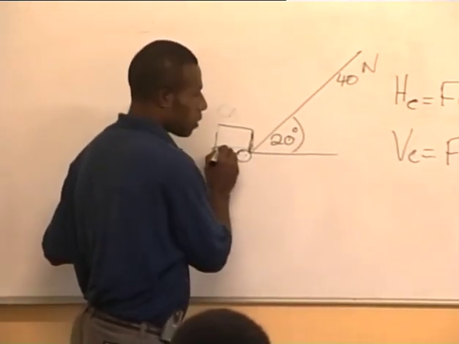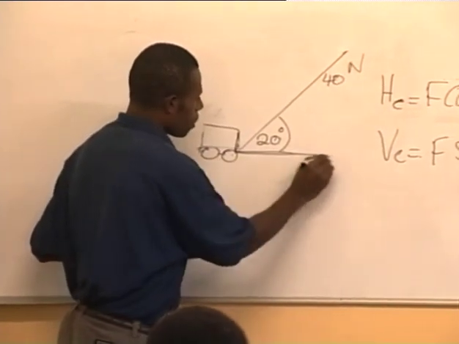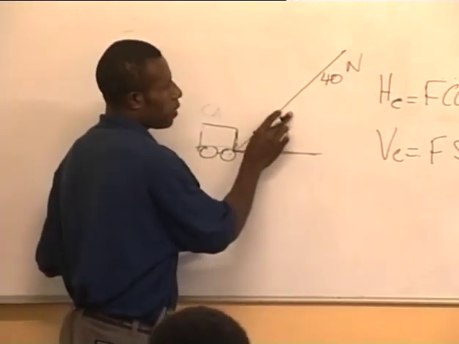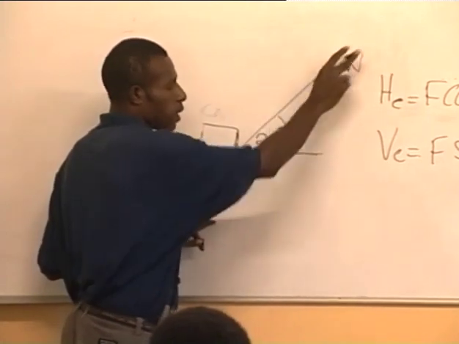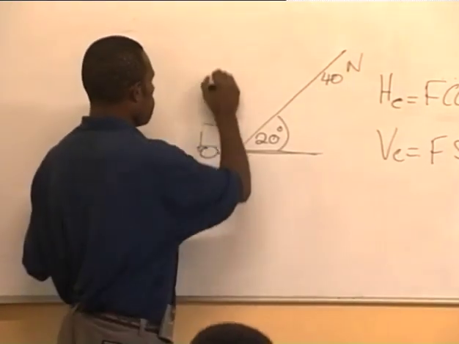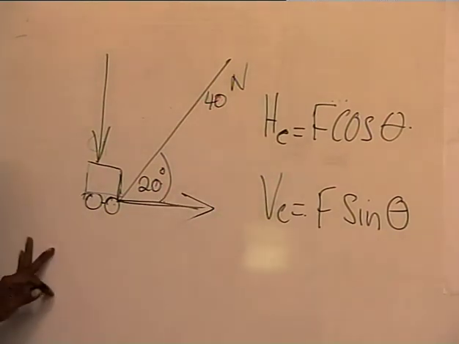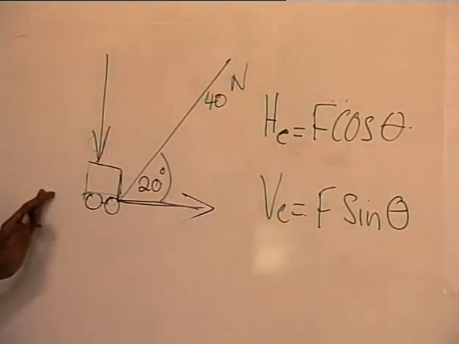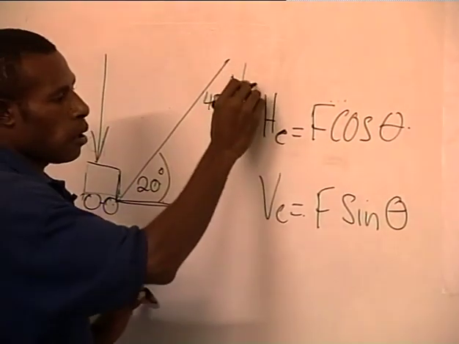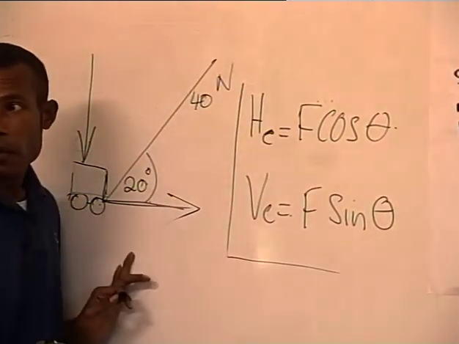Now you will find that this will be moving forward, but he is applying 40 newtons at this angle. How do you calculate the force that is acting downwards and also the force that is moving it forward? If this is the case, you will use this method to solve that into components.